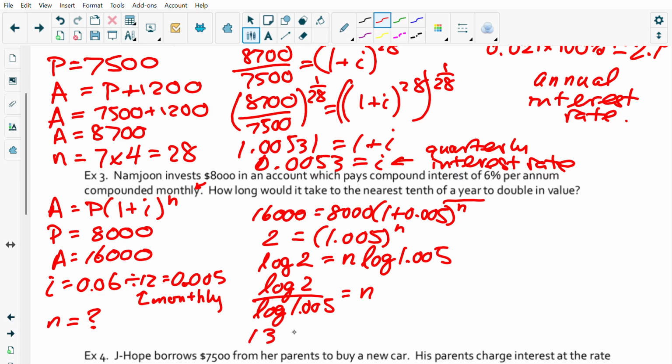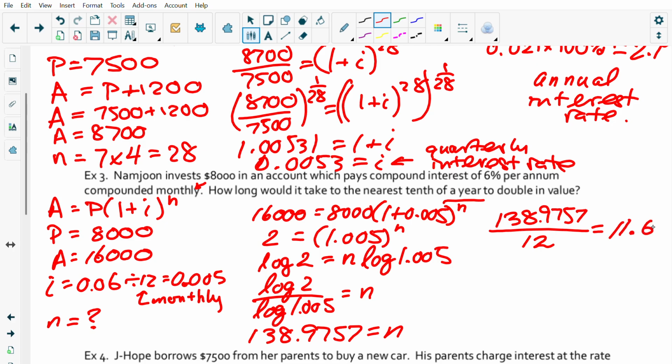And I get an n value. Let me just write it out with some decimals. 138.9757 equals n. Let's keep those decimals there until we round all the way to the end. It says to the nearest tenth of a year. So 138.9757 is the number of compounding periods. Well, it's compounded monthly, so I'm going to divide by 12.